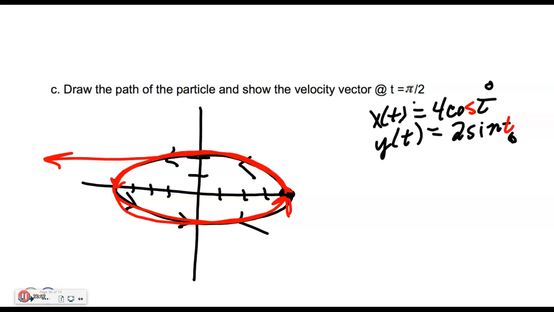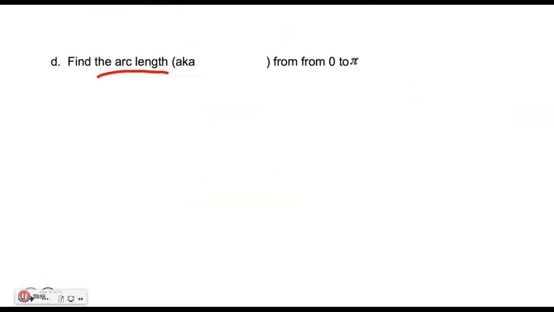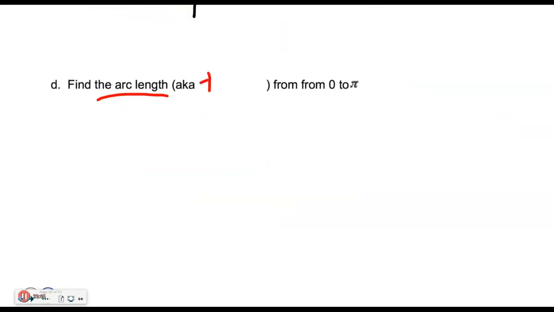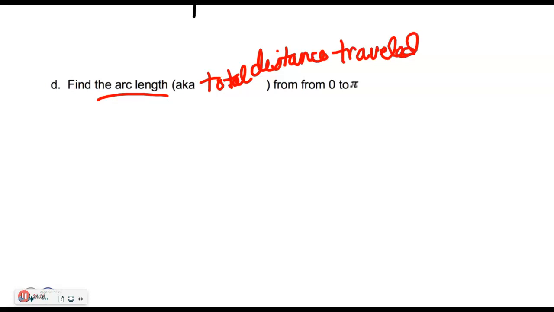Yeah. So, and now watch how you don't have to memorize all these formulas if you get it. This is AKA total distance traveled. Okay? And this just says from 0 to pi. So we're going to be doing the top half of the circle. So basically we'll be figuring out the arc length of that ellipse on the top half, which will represent the total distance the particle travels from 0 to pi.